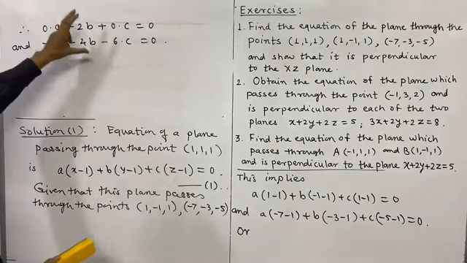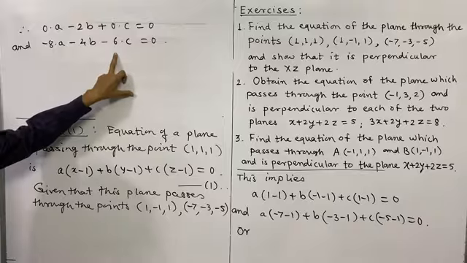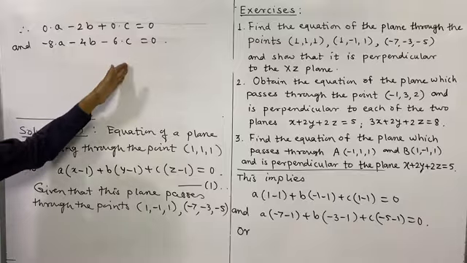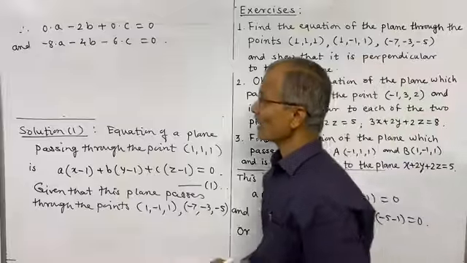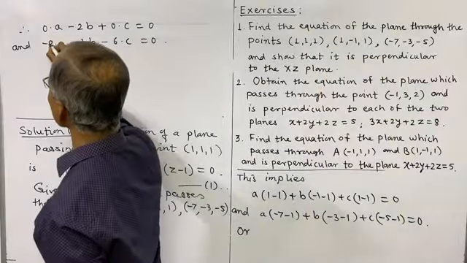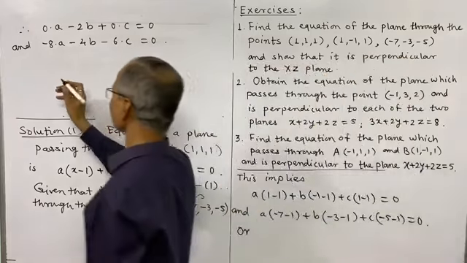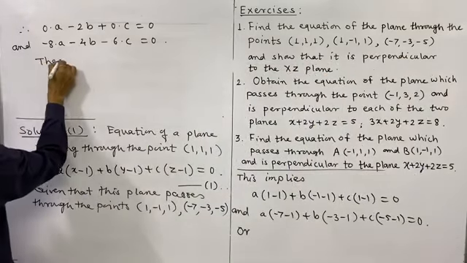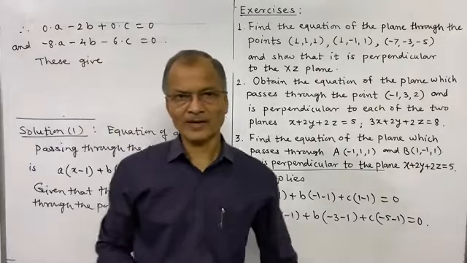So we want to get the values of a, b, c from these two relations. Actually, there will be infinitely many values of a, b, c because there are 3 unknowns and 2 equations only, and any proportionate value we will obtain. Now, how to determine the value of a?